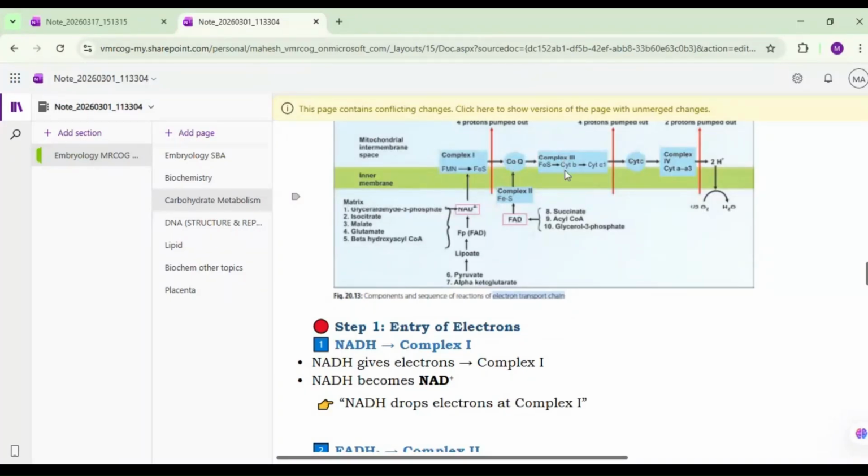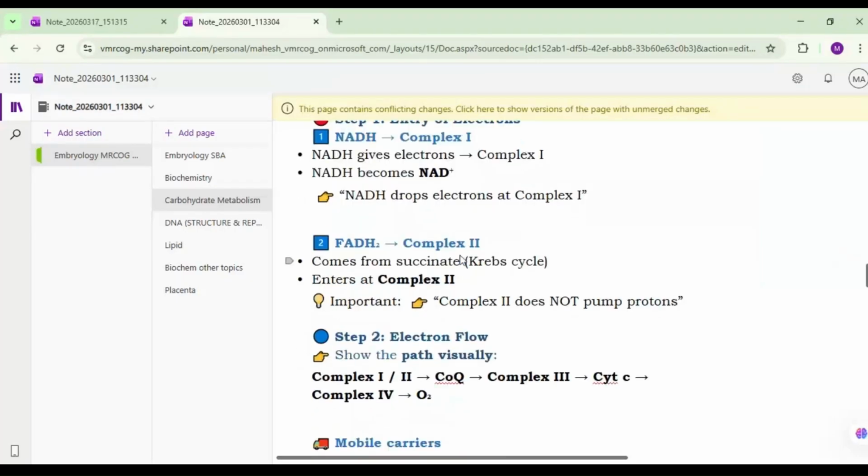The electron flow shows the path: complex 1 and complex 2 via CoQ give the electrons to complex 3, and from complex 3 via cytochrome C they go to complex 4, and finally to oxygen. So the final electron acceptor is oxygen.